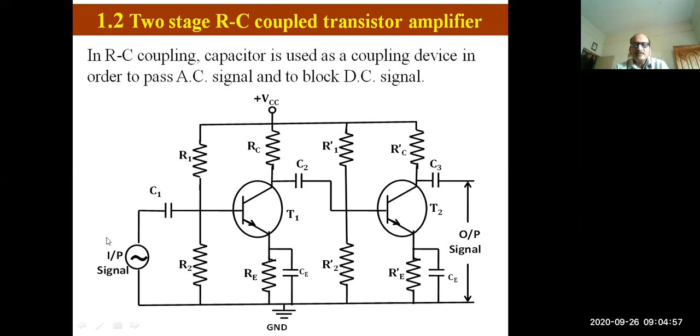We can apply the input signal and take the output across the load resistance RL, across the speaker. Output is taken across the load. In this circuit the load is not shown, but actually here we have to show the load. This is the circuit diagram of RC coupled amplifier.